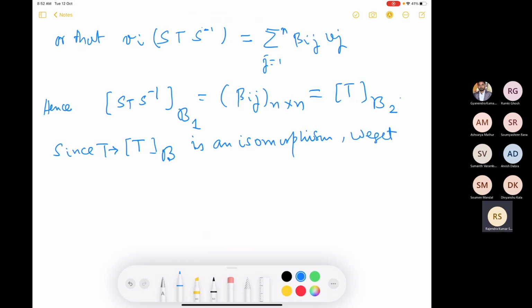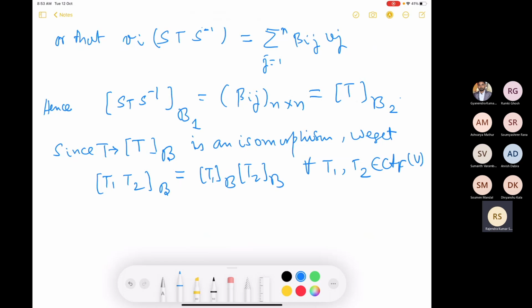We get that if T1, T2 are two linear transformations, then the matrix of T1 T2 with respect to B is the same as the matrix of T1 times the matrix of T2, for every linear transformation T1, T2 in A(F, V) and for every ordered basis B for V over F.